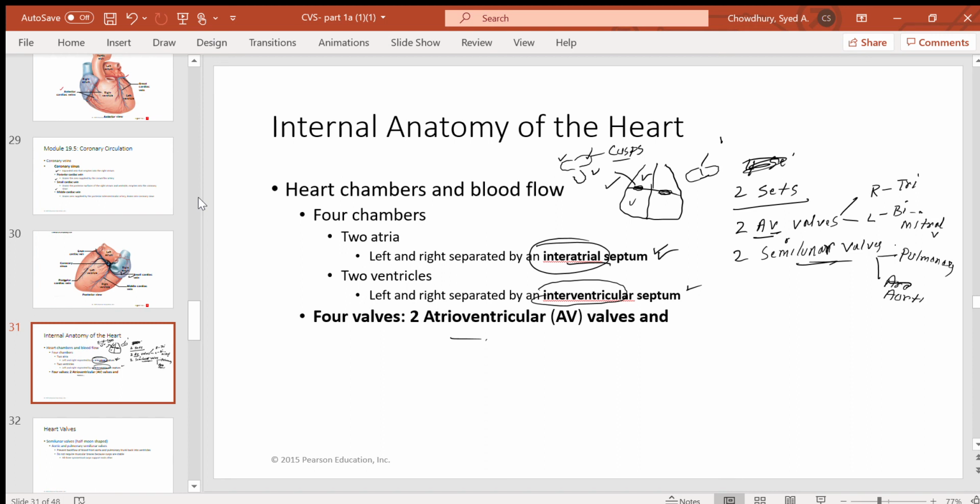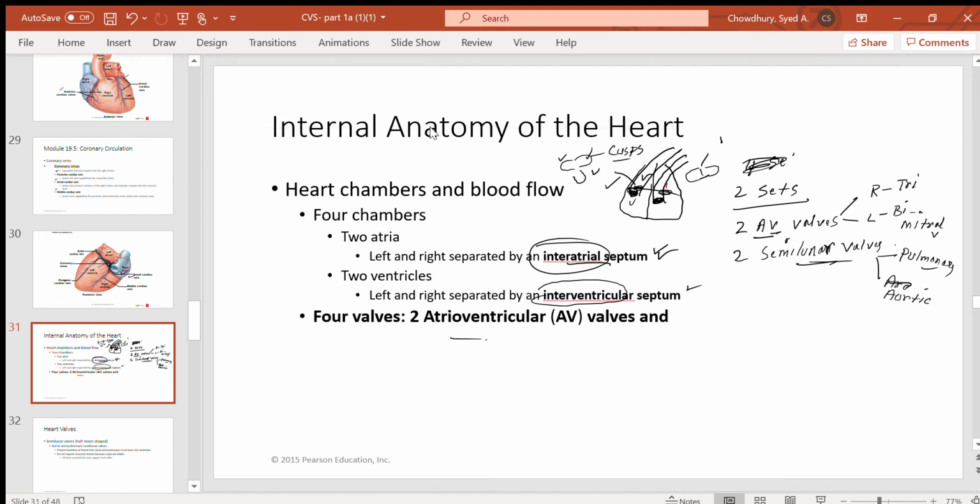You know that pulmonary trunk arises from the right ventricle, and at the beginning of the pulmonary trunk you have the pulmonary semilunar, and aorta arises from the left ventricle, and at the beginning of the aorta you have aortic semilunar. So in the aorta you have aortic at the very beginning part, and in the pulmonary trunk you have the pulmonary semilunar valves.